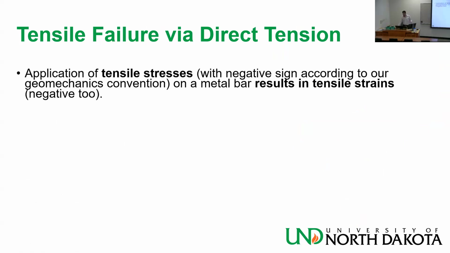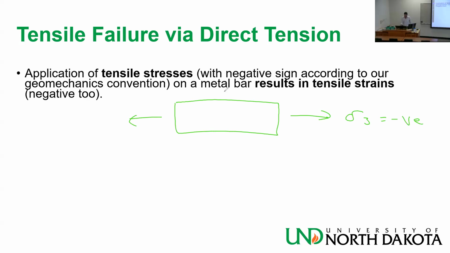So you apply tensile stress, imagine, and this is a hypothetical case. It's not easy with rocks, but imagine I have this rock bar. I'm applying tension. So my stress is basically negative because it's tension.